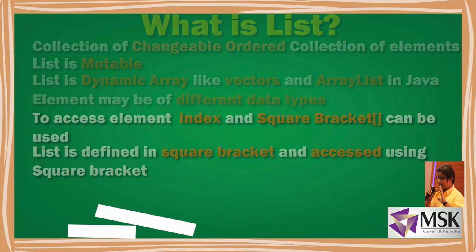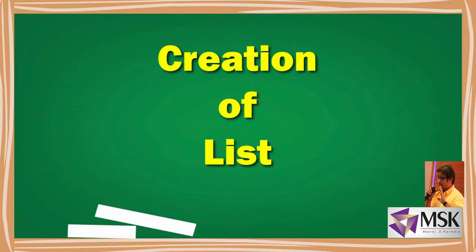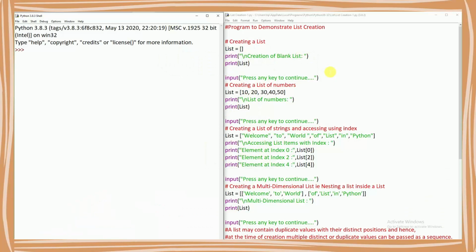So let's see the demonstration of list. The very first demonstration is creation of list. So here is a program where I have demonstrated how to create the list. One example is how to access the list element with index, how to create a multi-dimensional list, even what we can say is nested list. So let's see the demonstration.